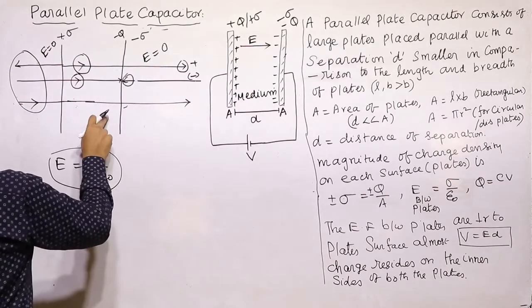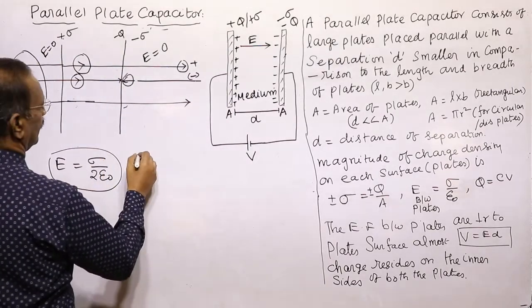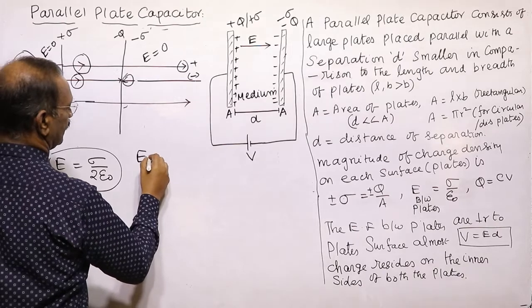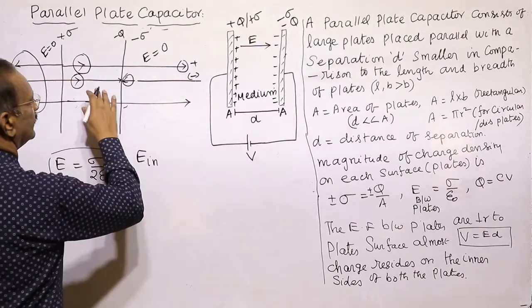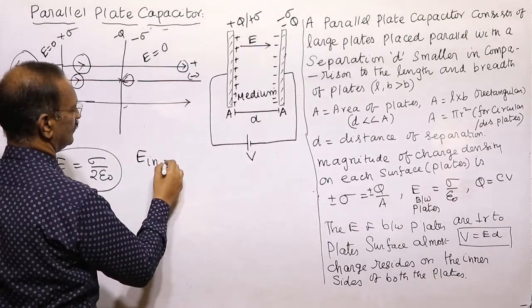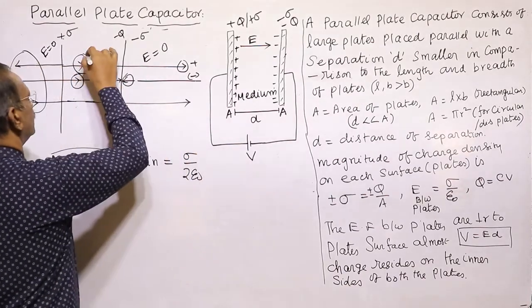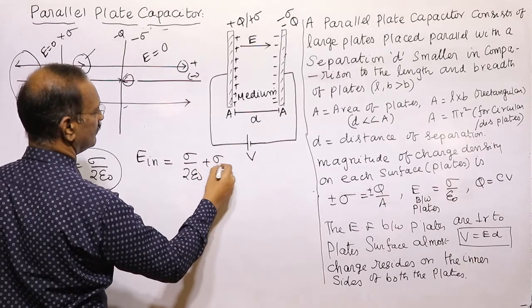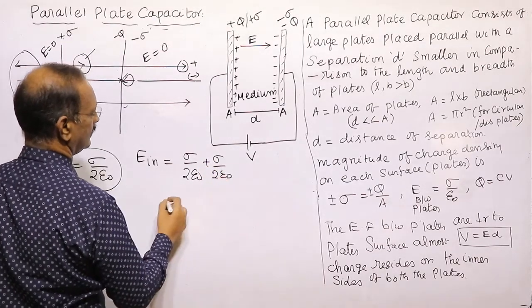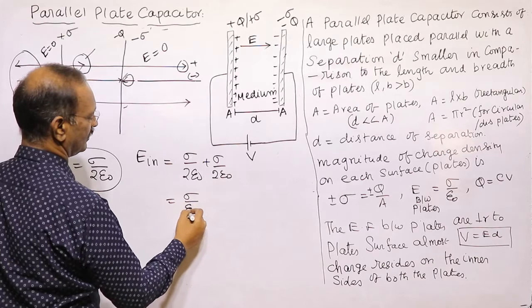We can treat it as a capacitor, and the electric field inside is equal to sigma by 2 epsilon naught plus sigma by 2 epsilon naught, which is equal to sigma by epsilon naught.